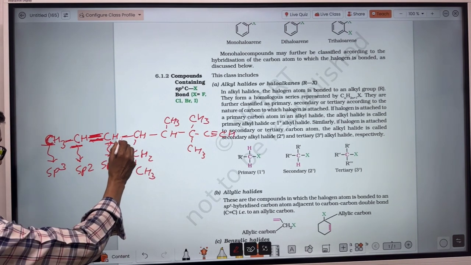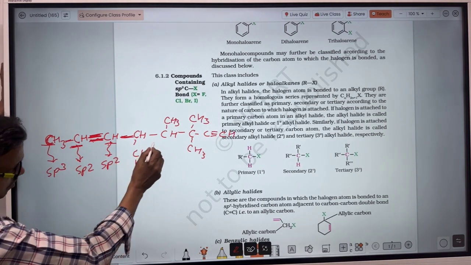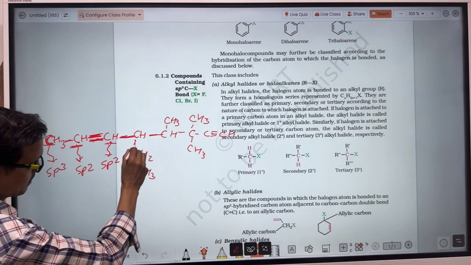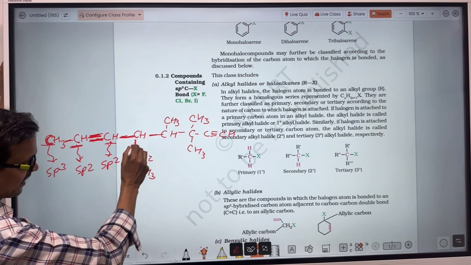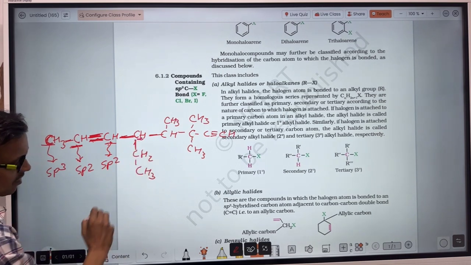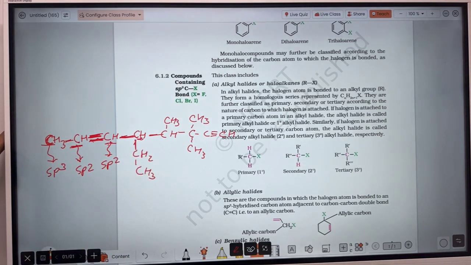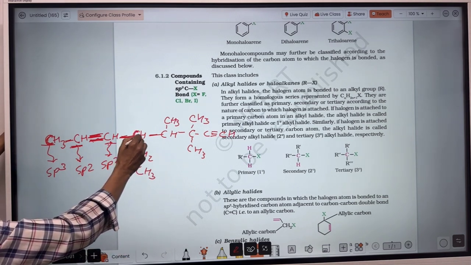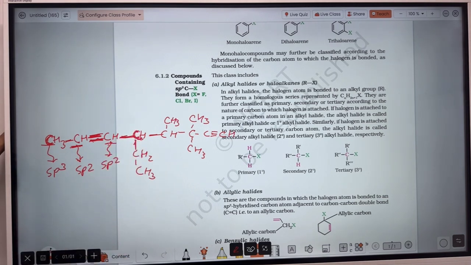Now watch out for this carbon. This carbon is forming one sigma bond with this carbon, one sigma bond with this carbon, and one sigma bond with this carbon, as well as a sigma bond between the carbon and hydrogen. That means this carbon is forming 4 sigma bonds.